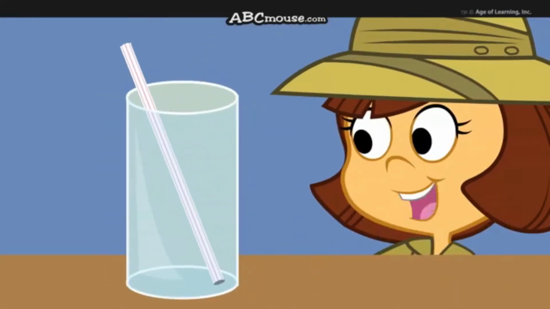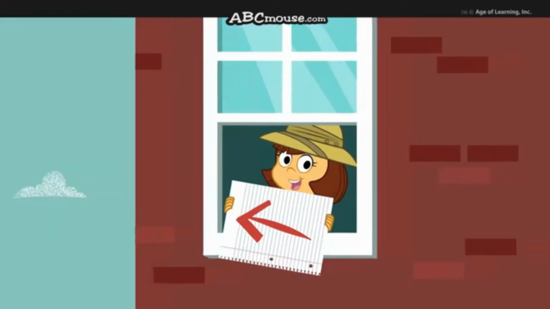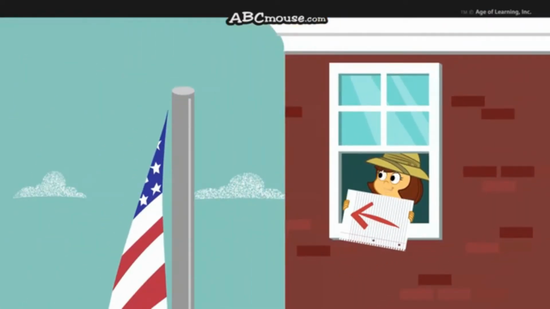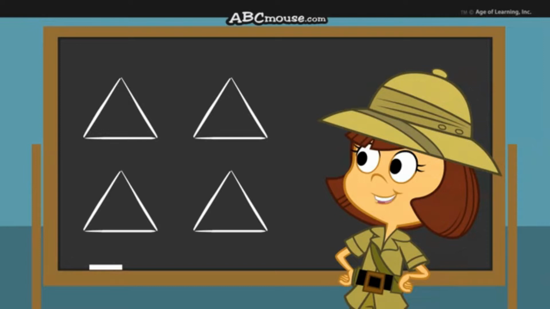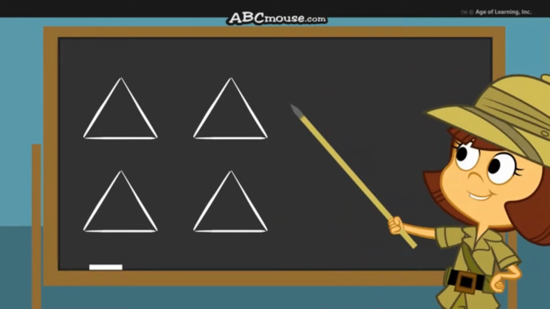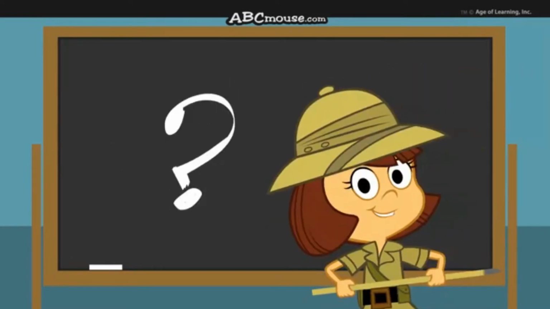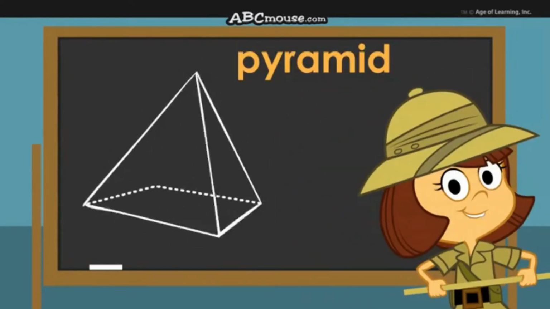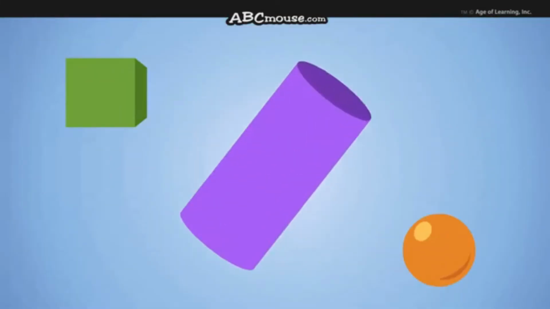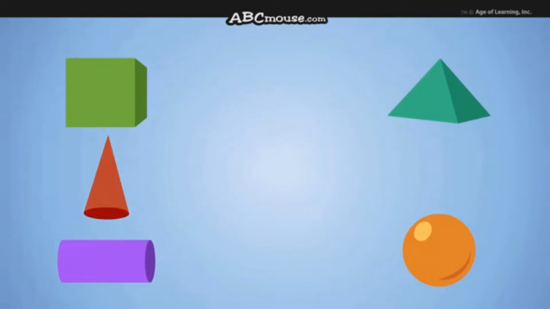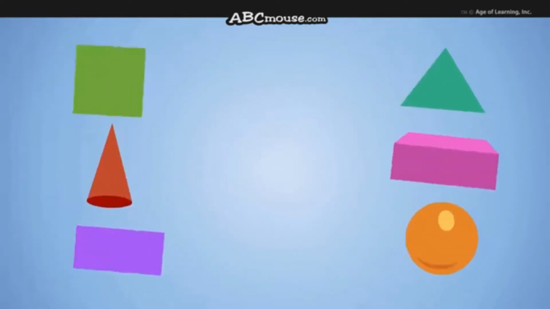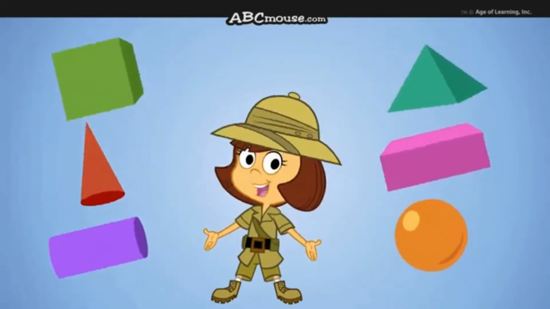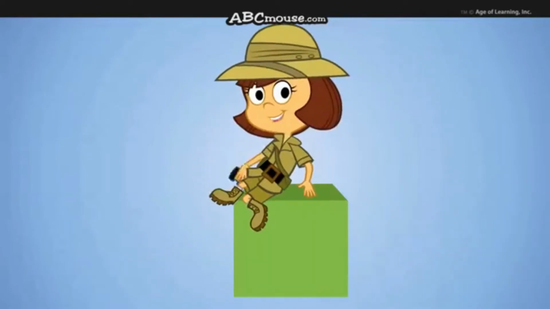Drinking straws and glasses have cylinder shapes, and so does our school flagpole. What shape has 3 or more triangular sides and a point at the top? Can you guess? A base can be a square or a different shape. Say a pyramid and I'll say yes! Now you know them all by name.